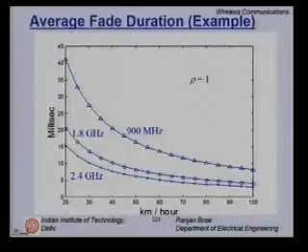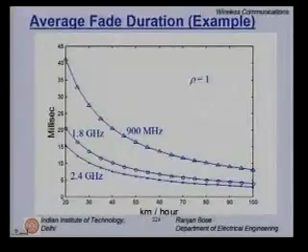It will kill my synchronization, it will cause burst errors, it will cause very poor bit error rates if I do not think of overcoming average fading durations. And how to overcome that will first ask me to find out what the average duration of fade is. But the average duration of fade is also a function of the frequency of operation.